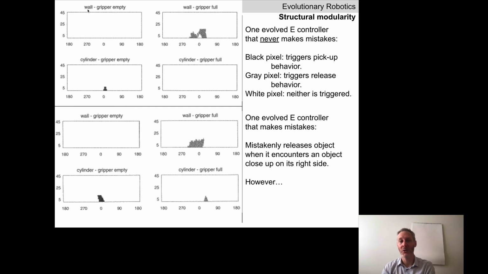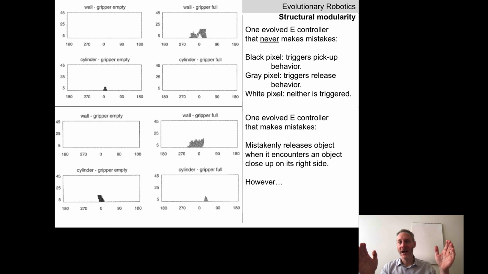The robot is facing a wall and its gripper is empty. The robot is facing the wall and its gripper is full. The robot is facing a cylinder and the gripper is empty. The robot is facing a cylinder and its gripper is full. In each of these 4 panels, the color of a particular pixel represents what the robot did at that angle relative to the wall or cylinder, and its distance from the wall or cylinder.